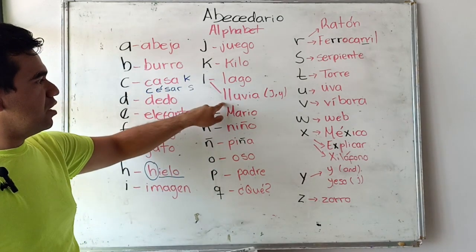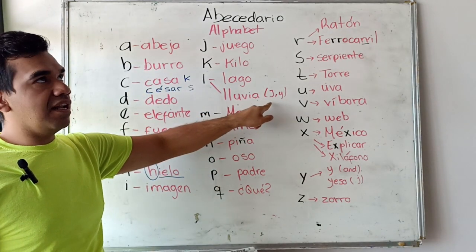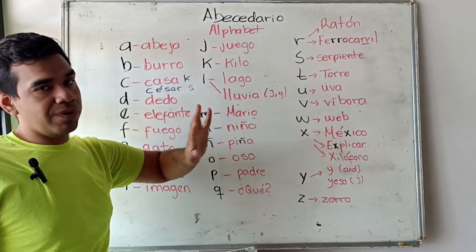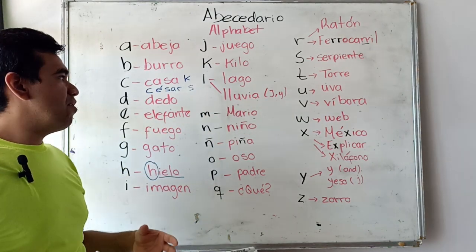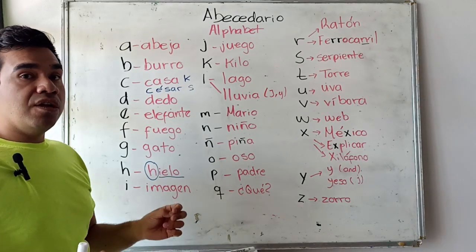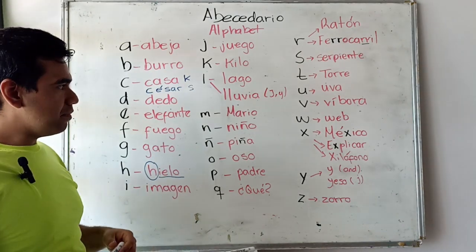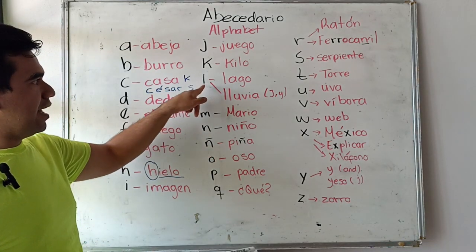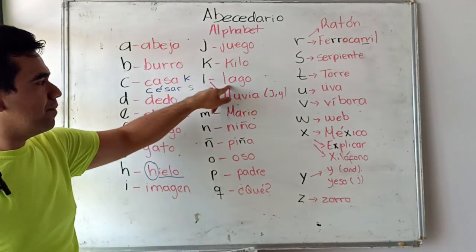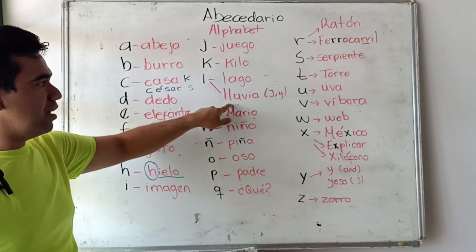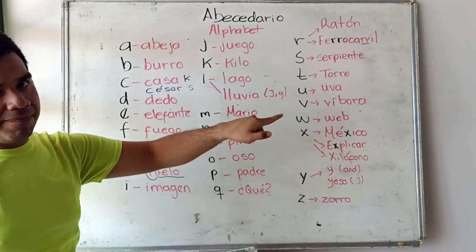If you see double L, the sound is going to be more like this one or this one, depending on how fast you pronounce it. The sound is going to change. So L, lago, double L, lluvia.